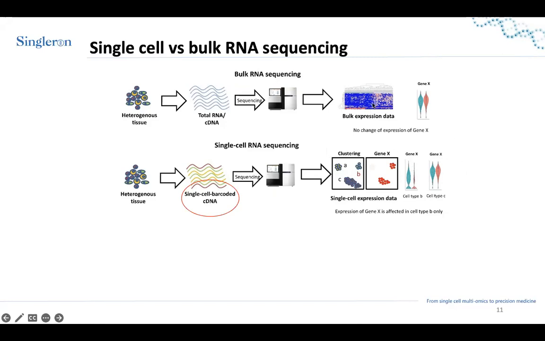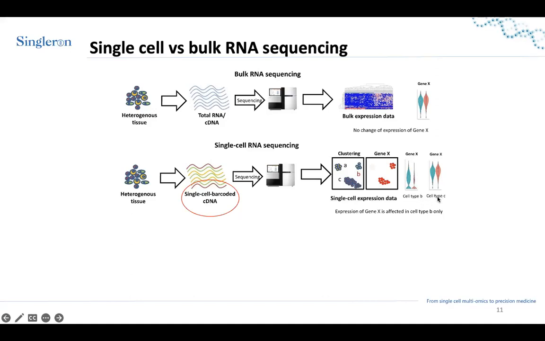So again, here, if you compare the gene expression, let's say the same gene X in two different conditions, cell type B, cell type C. You can see that for cell type B, the gene X is actually upregulated in condition 1, downregulated in condition 2, while in cell type C, the gene X does not change.